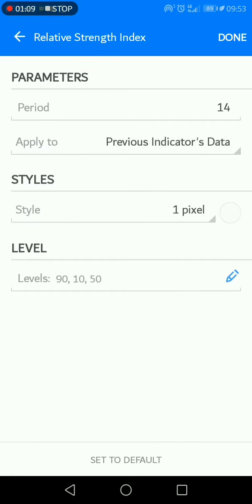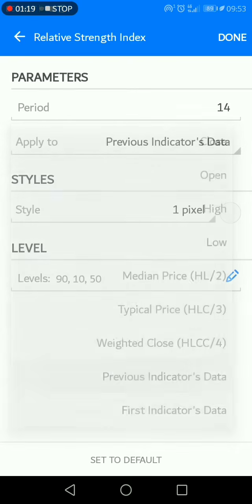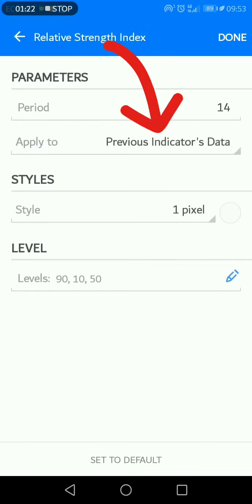You click on relative strength index and you apply period 14 and apply to previous indicators data. This is very important. Previous indicators data or first indicators data. And this will put the RSI on top of the MACD.